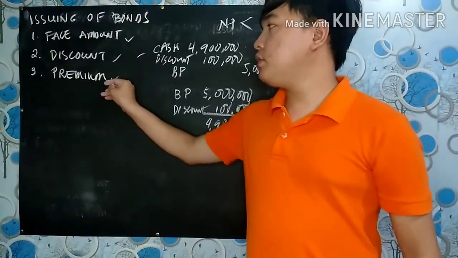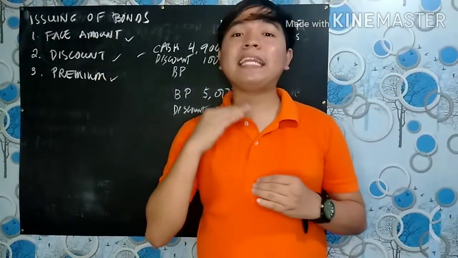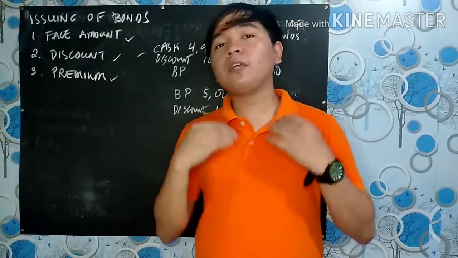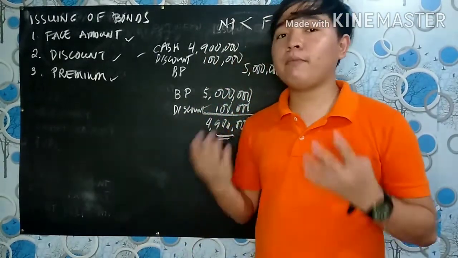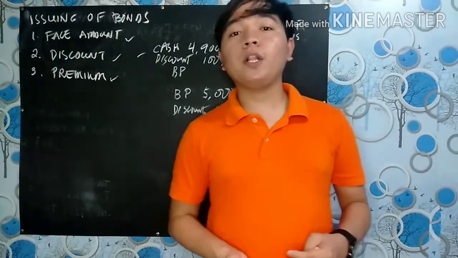Paano naman kapag nag-issue tayo at a premium? When we say premium, of course, may nadagdag. Okay? So, yung issuing entity, nag-issue lang siya ng 5 million, nakatanggap siya ng 5,100. So, that's what we call a premium.